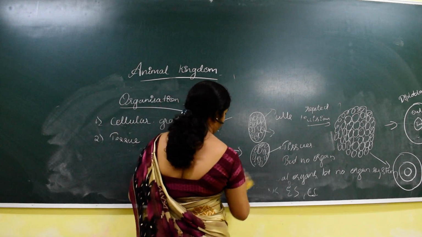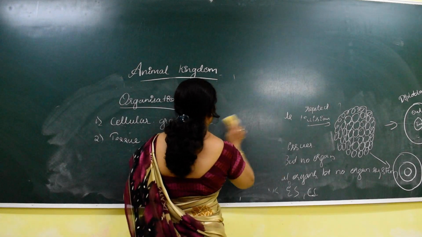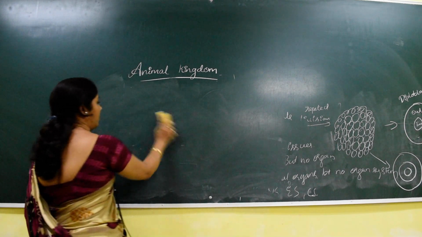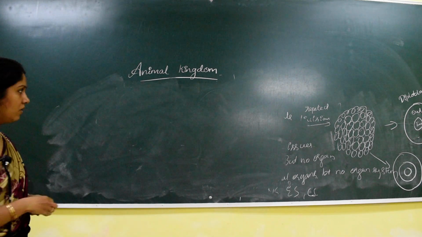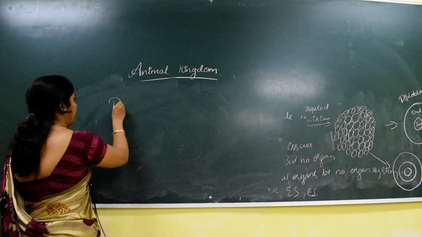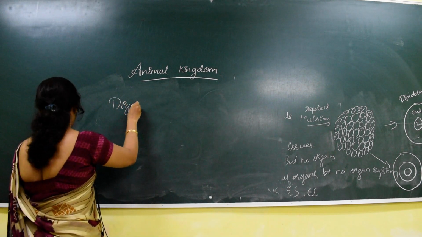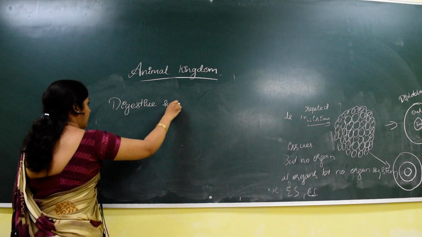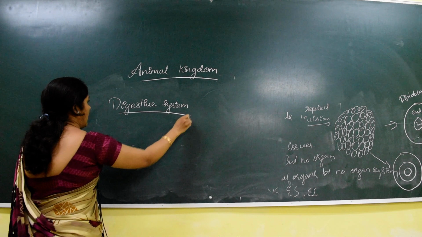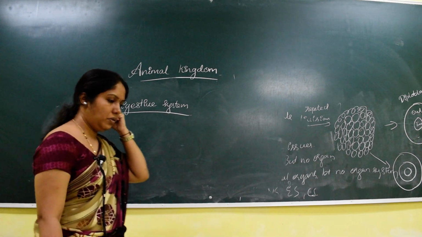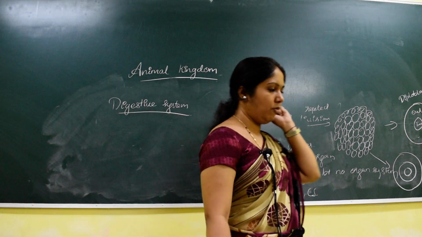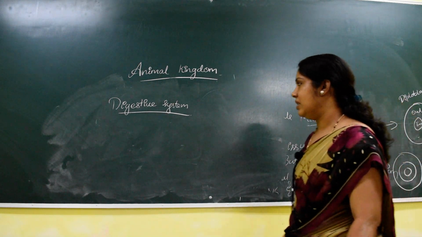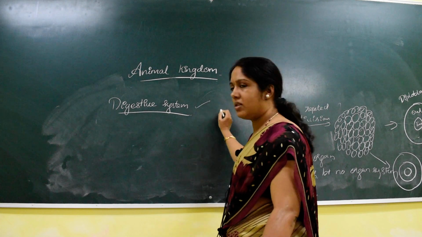Next is digestive system. So digestive system, when we move to the phylums after Platyhelminthes, or from Platyhelminthes itself, or even in Coelenterate also, there is a development of digestive system.